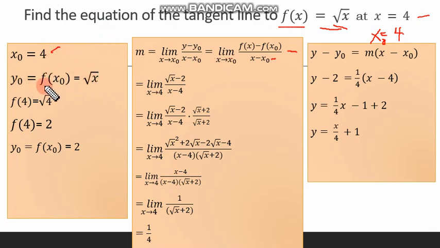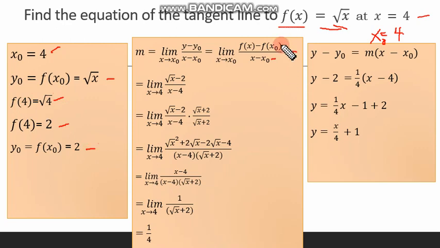Now let's solve the f of x sub 0 or the y sub 0. So the y sub 0 is equal to the f of x sub 0, which is f of 4, so square root of 4, which is equal to 2. Now we have the value for the y sub 0 or the f of x sub 0.